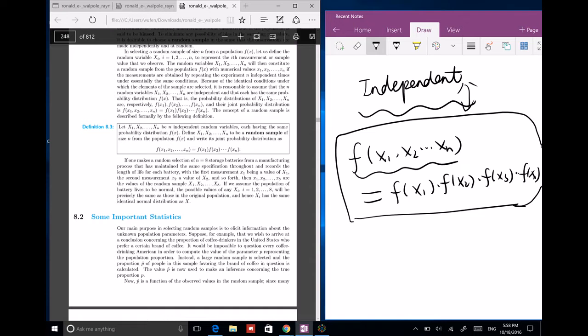Then you can multiply all the distributions together to get the joint distribution. The condition is very strong: all variables must be independent.